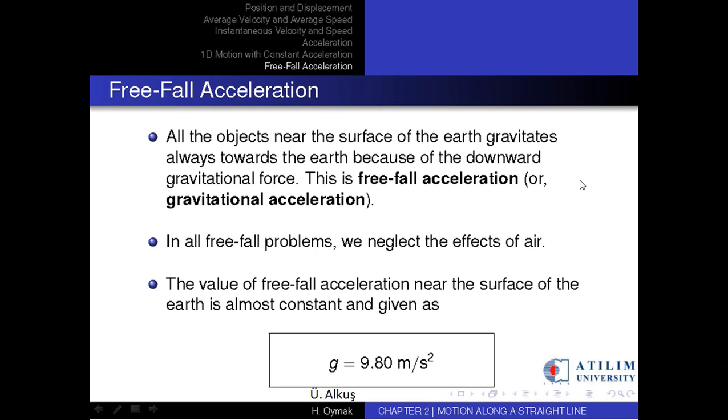If an object is thrown up or down along a vertical axis near the surface of the Earth, we see that it gravitates always towards the Earth because of the downward gravitational force. Neglecting the effects of the air, the object is seen to accelerate downward at a constant rate, which is called the free fall acceleration, or equivalently, gravitational acceleration.